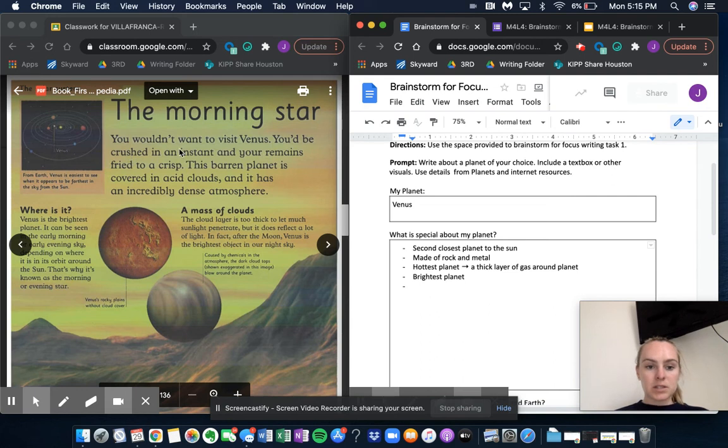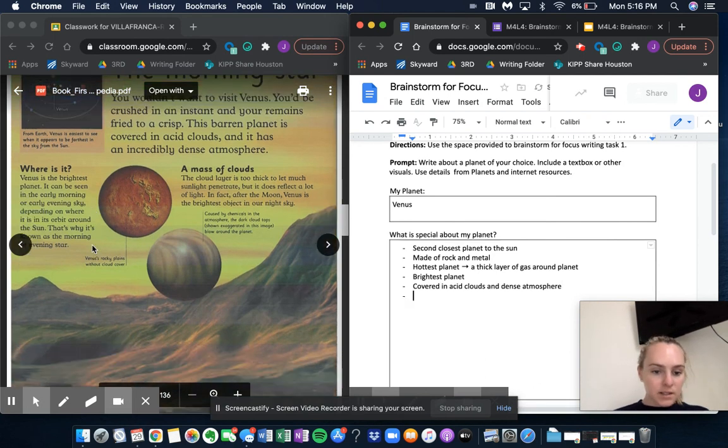Ooh, it says you wouldn't want to visit Venus. You'd be crushed in an instant and your remains fried to a crisp. This barren planet is covered with, oh, that's good, covered in acid clouds, and it has an incredibly dense atmosphere. And then I'll say dense atmosphere.